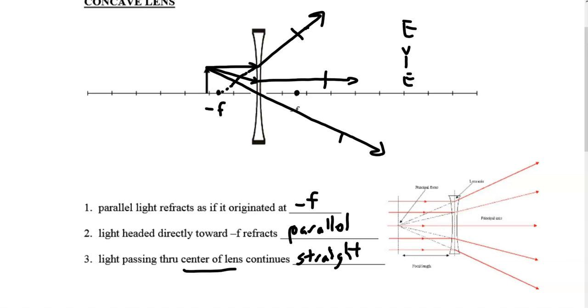So if I trace this back, I wish I had a different color. Let me see if I can get a different color here. Let me try red. Might be real fat red. But you get the idea. I don't think this is really helpful. Too fat.